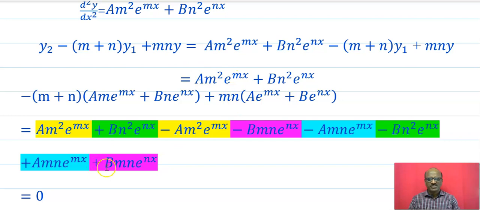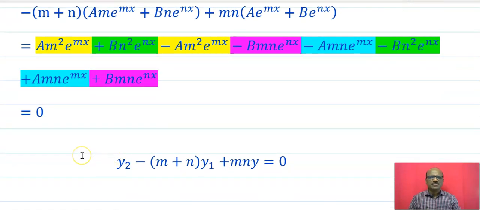Now see this: the like terms, this yellow plus and this minus get cancelled. Again this green and this green get cancelled. The minus a mn e raised to mx, in sky blue color, also gets cancelled. This lavender also gets cancelled, and overall we are getting the value 0.